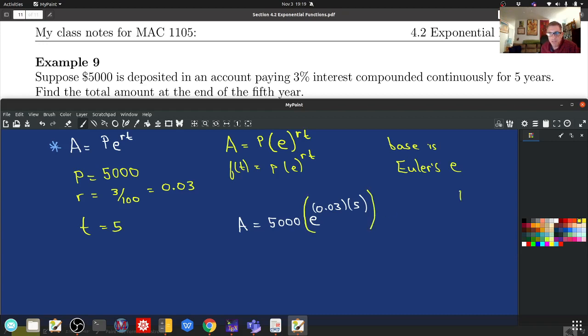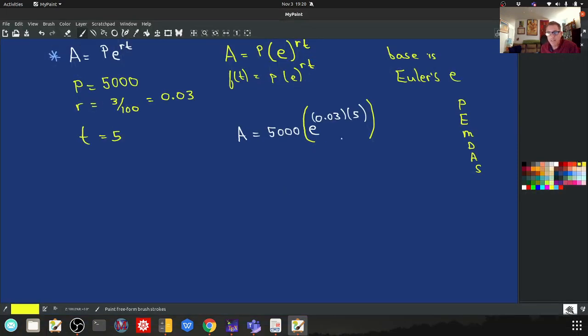Remember PEMDAS: parentheses, exponentiation, multiplication, division in the order they occur going from left to right, addition, and subtraction in the order that they occur going from left to right. So what we have to do is find this value, e raised to the 0.03 times 5. So let's do it with my calculator.